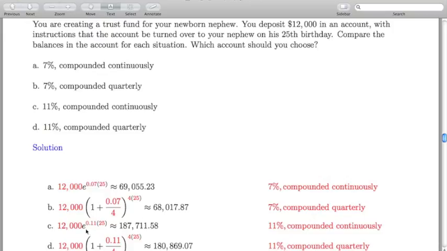For C, if you do an initial deposit of $12,000 at a rate of 11% for 25 years compounded continuously, you're going to get $187,000 approximately. But if you do an initial deposit of $12,000 at a rate of 11% compounded 4 times a year, in other words, compounded quarterly, for 25 years, it's going to be $180,000.